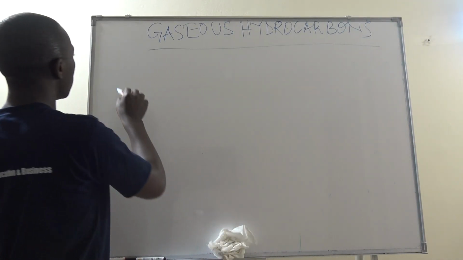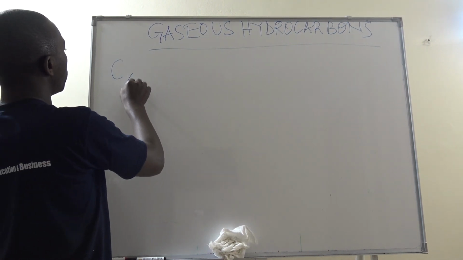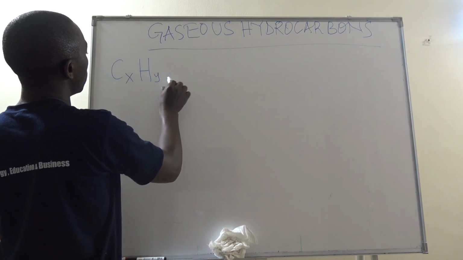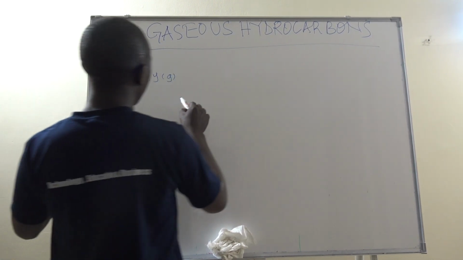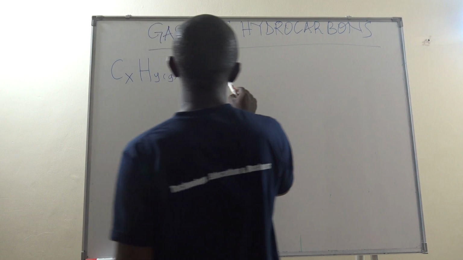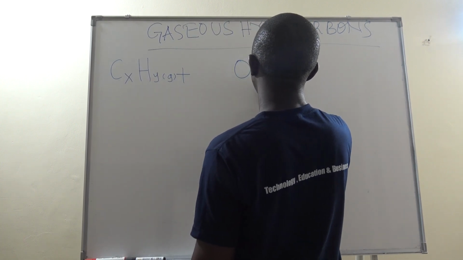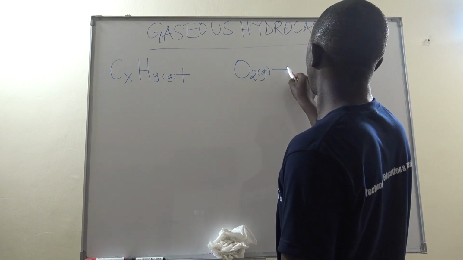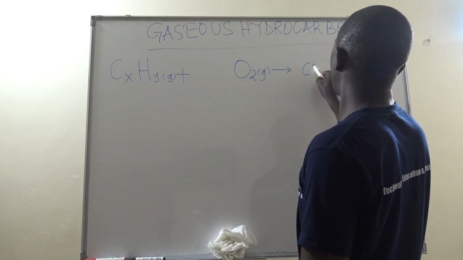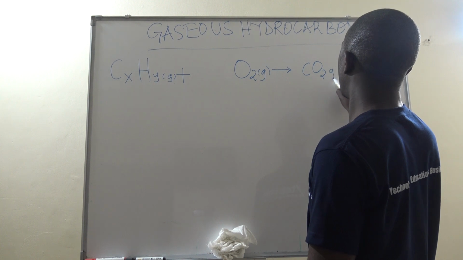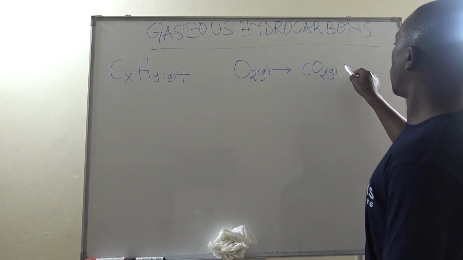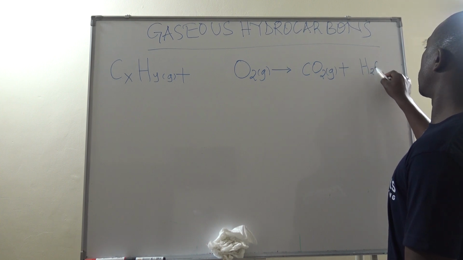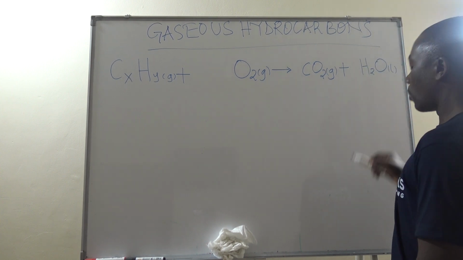Now, let us consider that we have a hydrocarbon CxHy, which is gaseous, and it is possibly reacting with oxygen. Given that we are using excess oxygen, all of it should burn completely, liberating carbon dioxide and water.